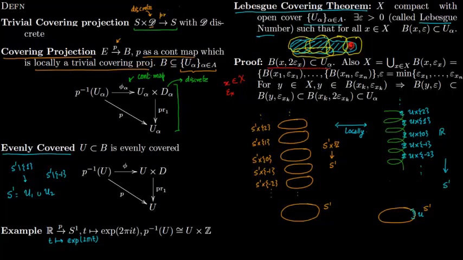So step 1 is this: you pick 2 epsilon x. This we are going to use later.